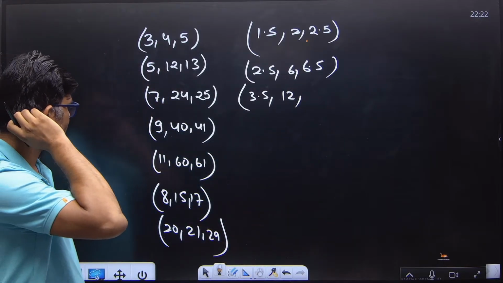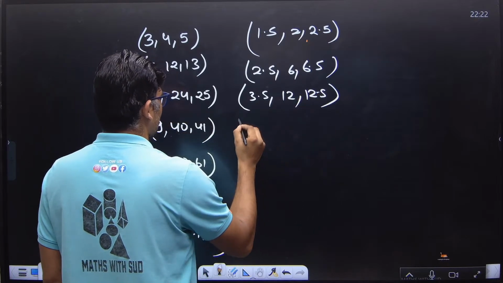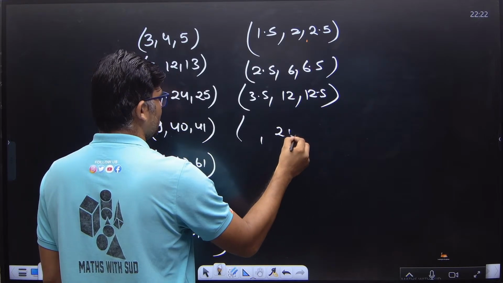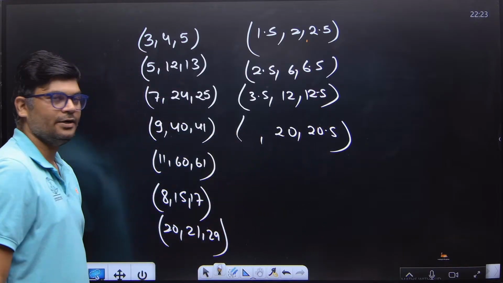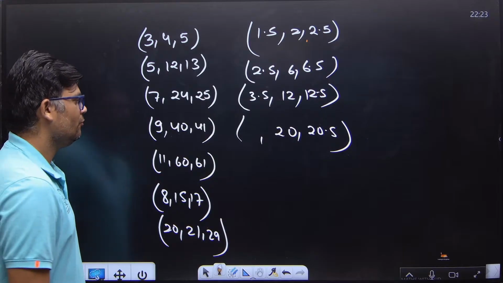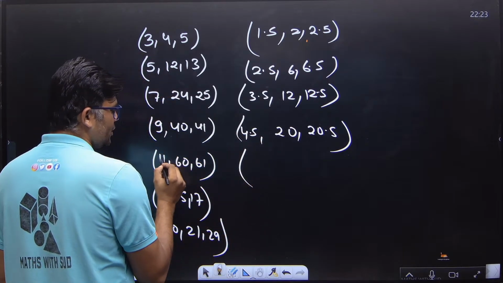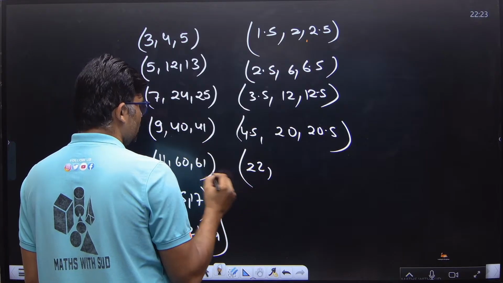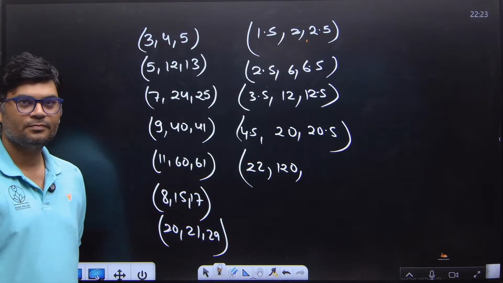It would be 12.5. Very good. If one side is 20 and this side is 20.5, what could be the first side? 4.5. Wonderful.